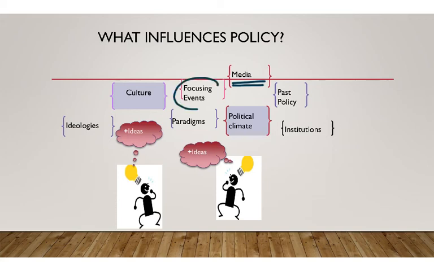A particular event that focuses us on the problem could influence the policymaking process. For example, when a high-profile celebrity dies of an overdose, that can focus us on underlying problems that already existed.